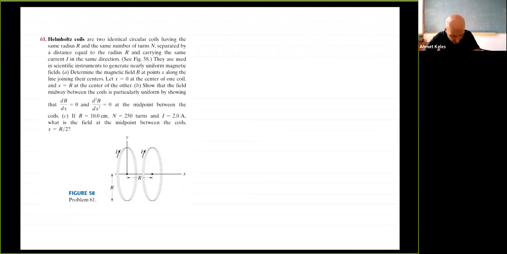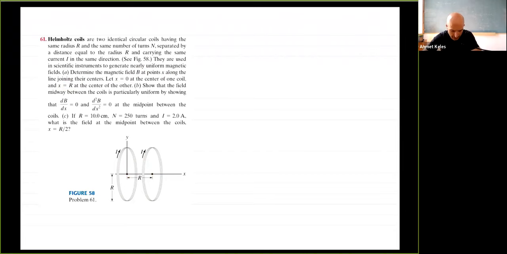A, determine the magnetic field B at points x along the line joining their centers. Let x equal 0 be the center of one coil, and x equal r at the center of the other.